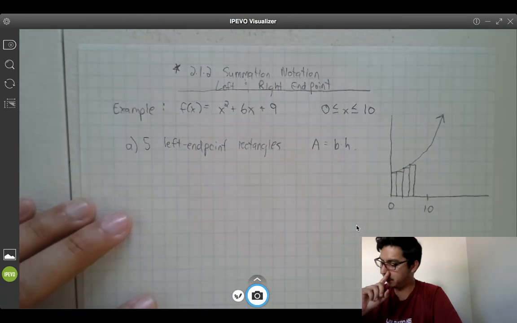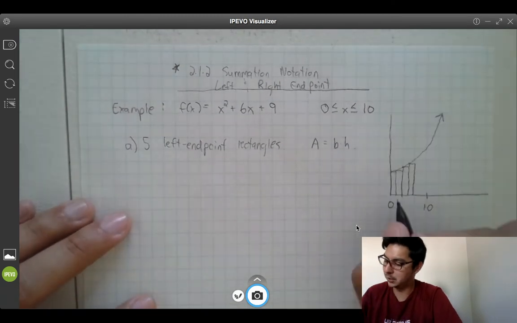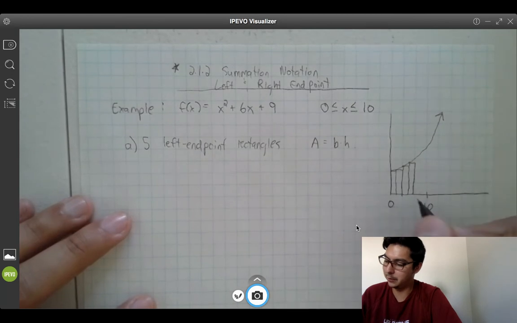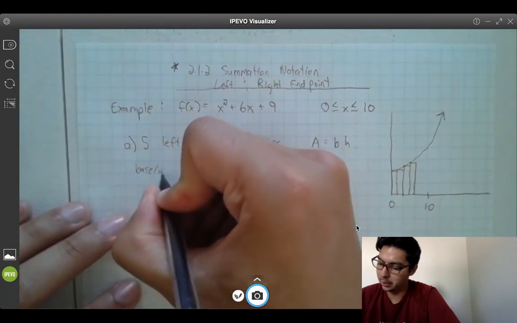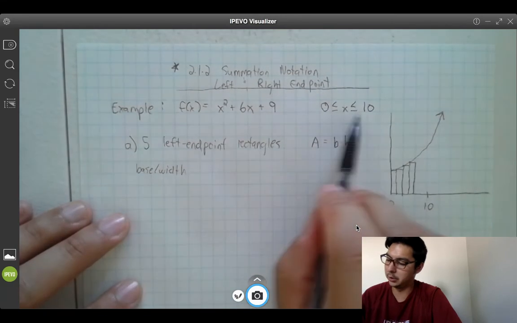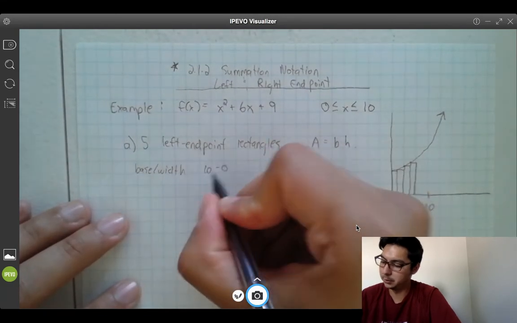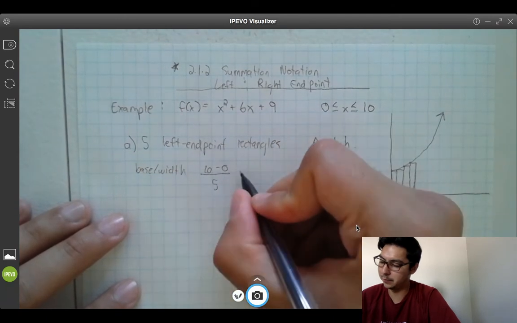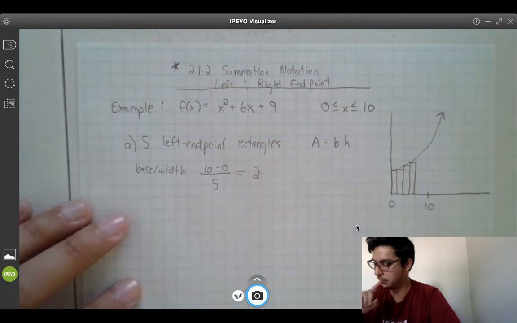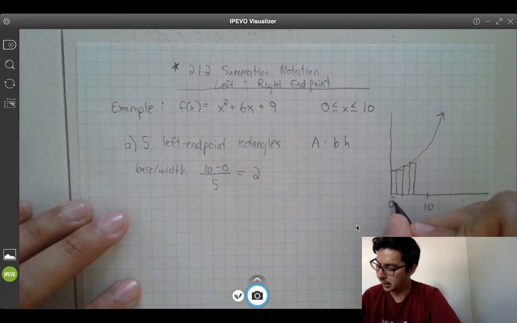Now, if we wanted 5 left endpoint rectangles, what you first need is the base or the width of every rectangle. So to get the base or width, you look at your entire interval, that distance, so I'll do 10 minus 0 over how many rectangles, which is 5, in which case here I'll get 2. So every rectangle in this problem is going to have a width of 2.